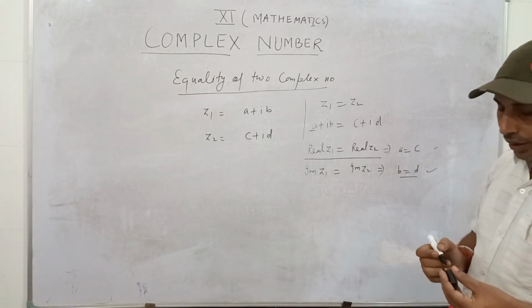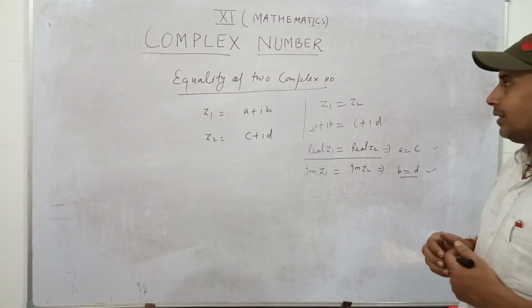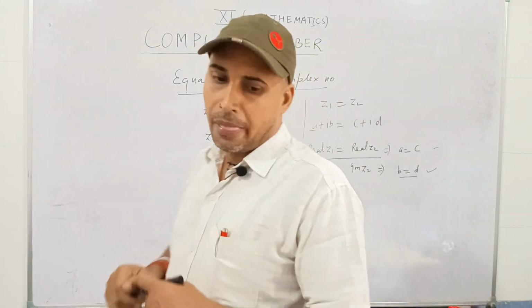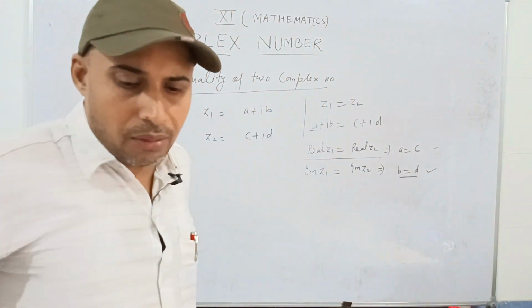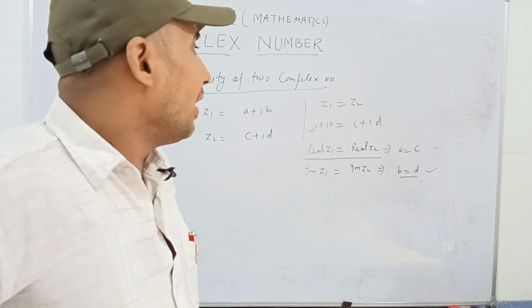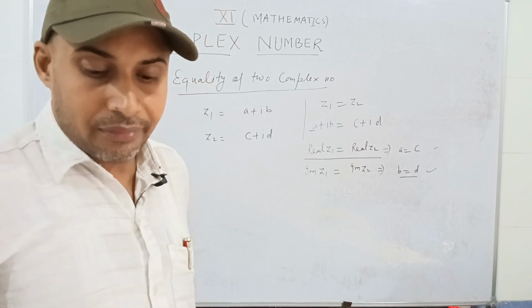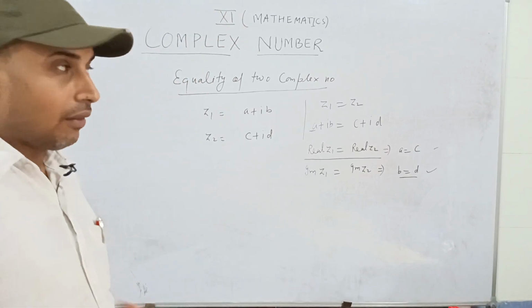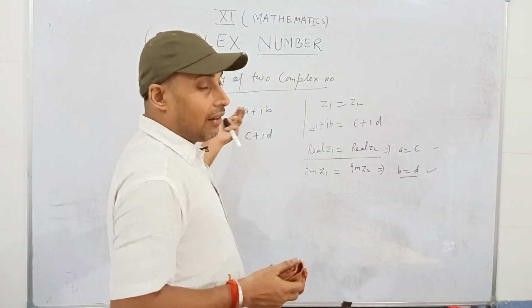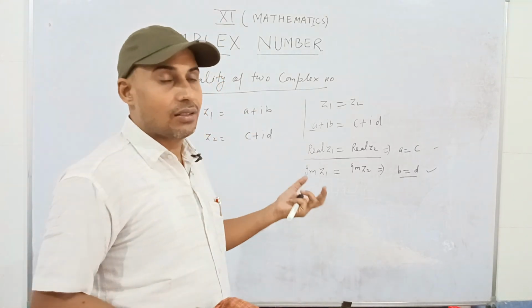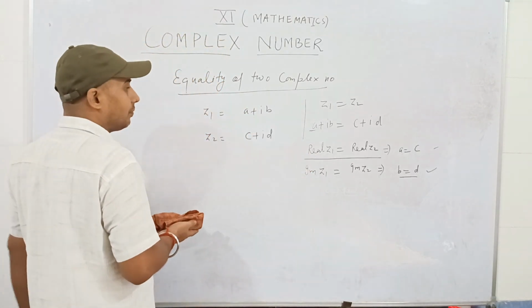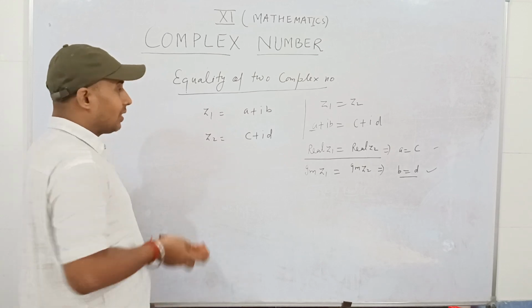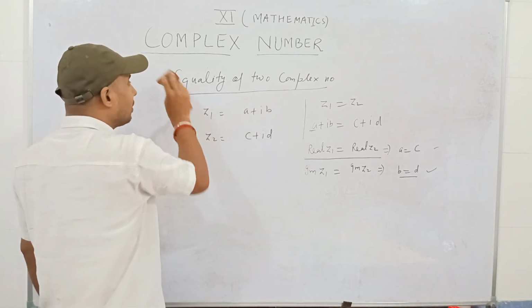This is called equality of two complex numbers. You can find more and more problems related to equality of two complex numbers. Now again we are discussing properties of complex numbers. This is also a property, but this is known as equality of two complex numbers.